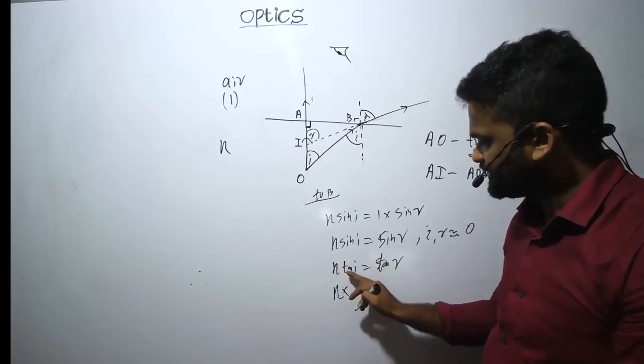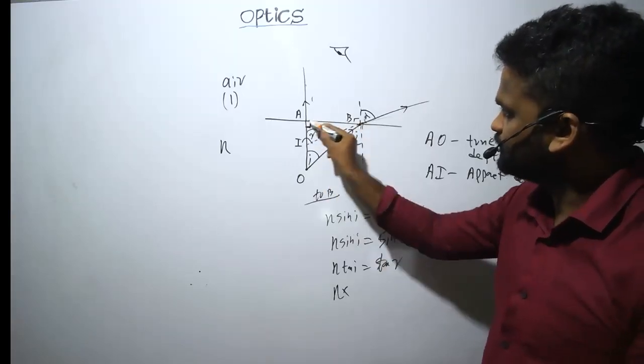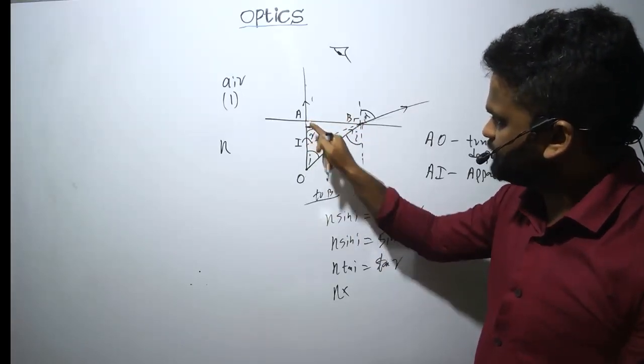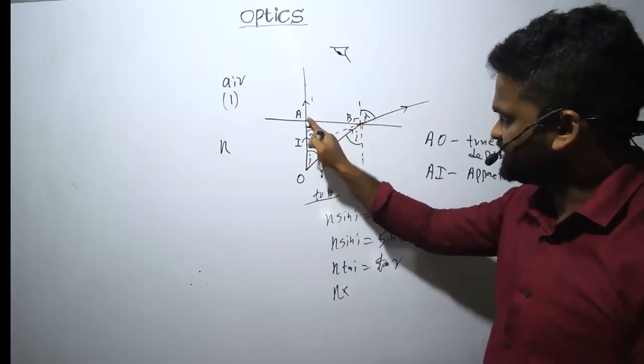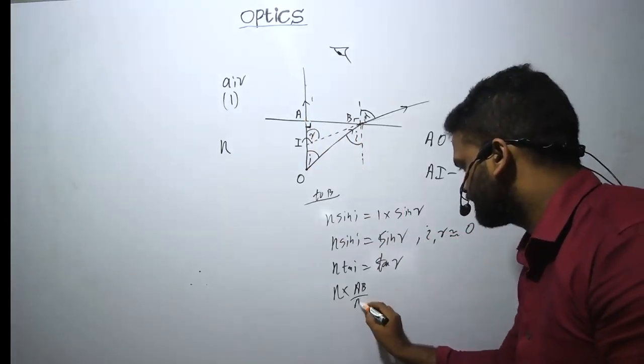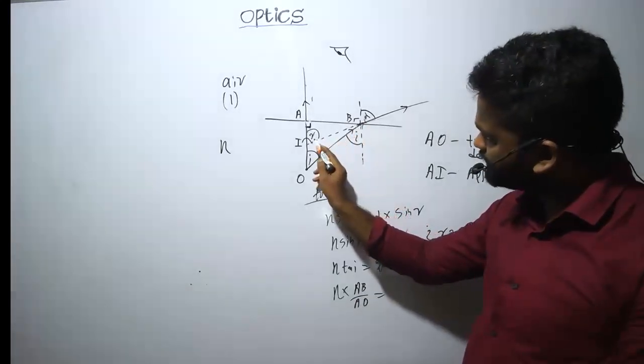Now let's see what is tan I. Consider this triangle. What is tan I? AB divided by AO. Opposite divided by adjacent. Tan R, consider this triangle ABI.